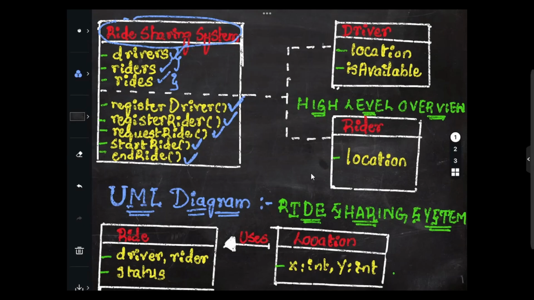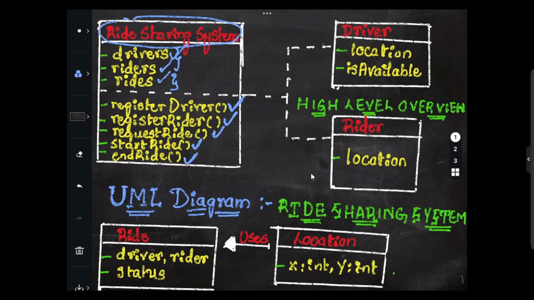These things we will be considering within the ride sharing system class. Riders and drivers use a hash map, and rides are a list, an array list in this case. These are the methods we'll be making use of within the ride sharing system.